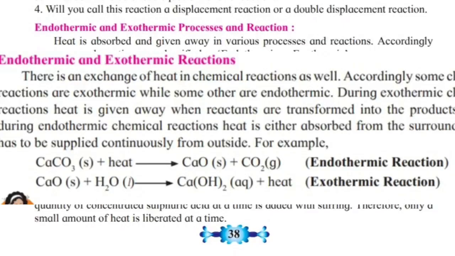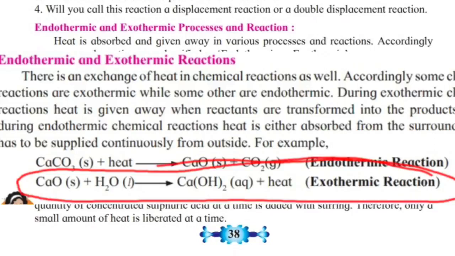In this case, calcium carbonate is provided with heat from outside, as a result of which calcium oxide and carbon dioxide is formed. This type of reaction is called endothermic reaction, wherein heat is being absorbed.